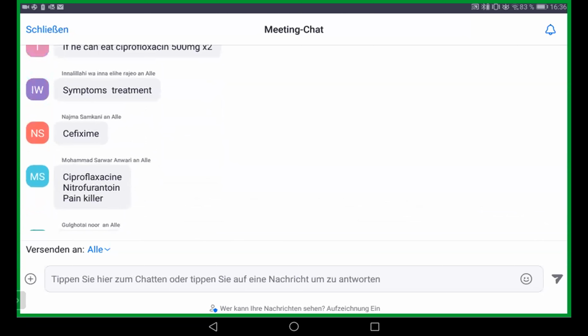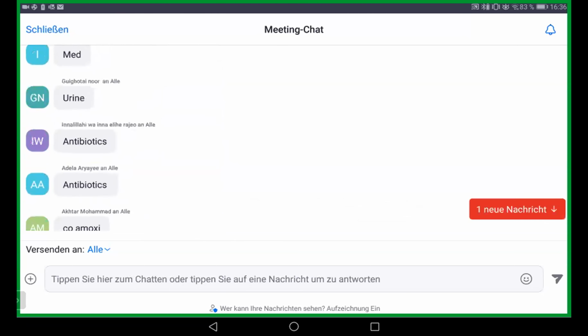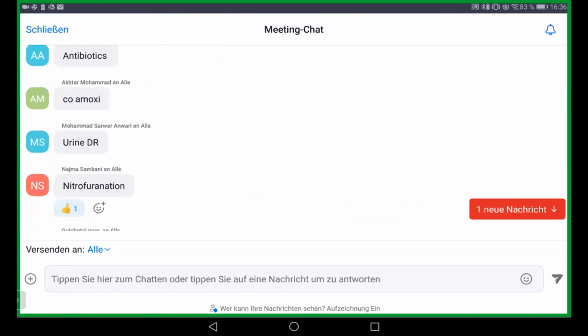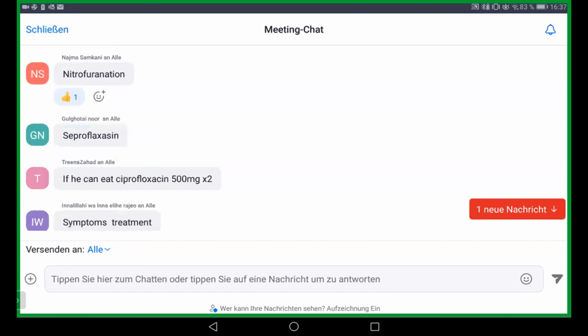Okay, great. But here you said that it is a complicated infection. So I said when it's complicated, we start directly with ciprofloxacin, 500 milligram, great, yeah.